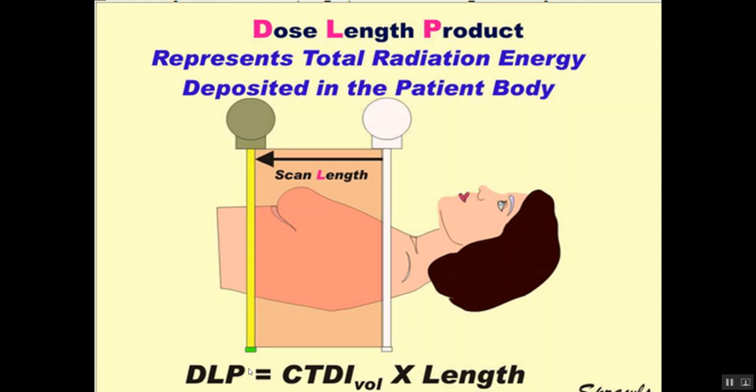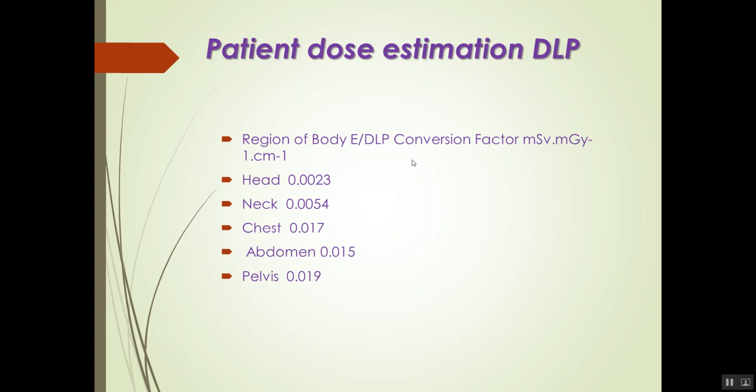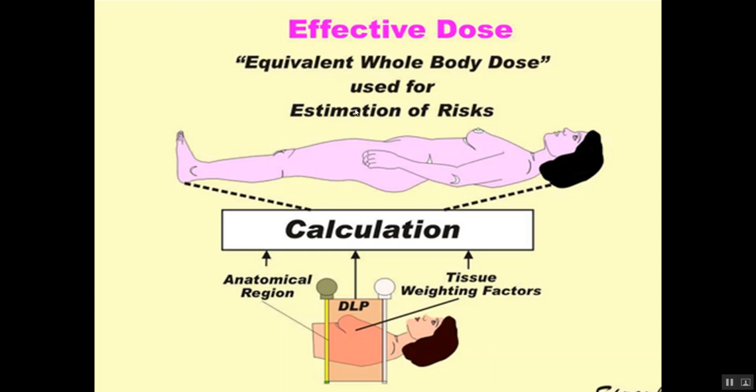How can I calculate it? It's easy. After you finish calculating the DLP, or after you collect it from the summary page of any scan, you calculate the effective dose when you multiply the DLP value times the tissue weighting factor, or the conversion factor.